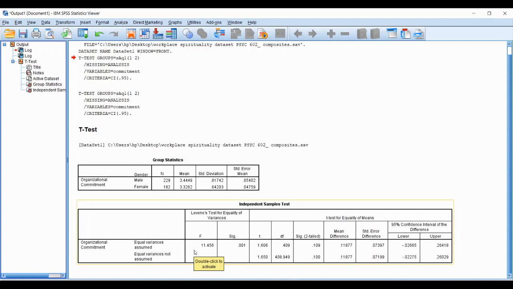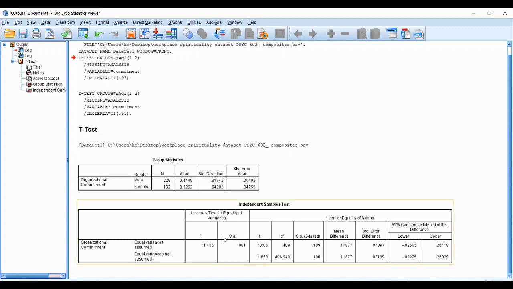In the second table, we read and find out whether the differences between males and females are significant or not. Go to this side where they've indicated equal variances assumed and equal variances not assumed. One thing about independent t-tests is that we always want something known as homogeneity of variance. So we need to test whether the variances are equal or not.